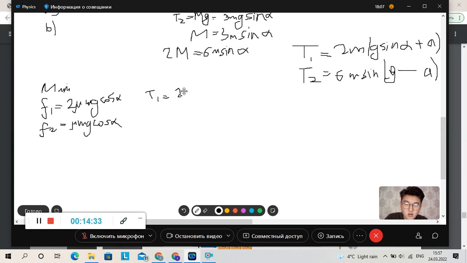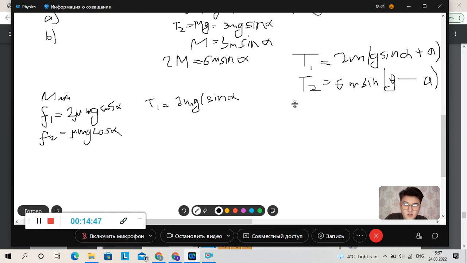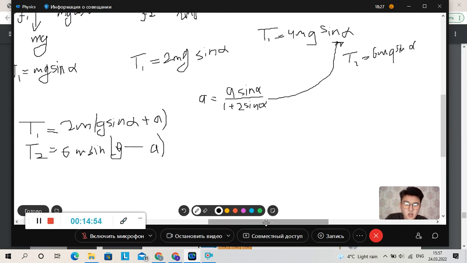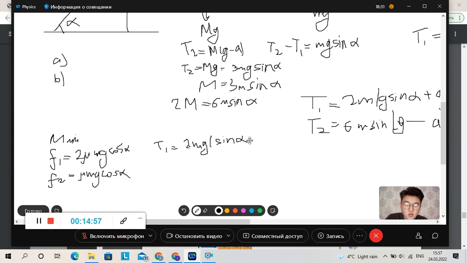T1 is equal to the 2 mg, but sinus alpha like this, 2 mg sinus alpha, but we need to the right minus u cosine alpha, because we have the friction, and this 2 mg sinus alpha will be to the downward, and the friction force will go to the upward.